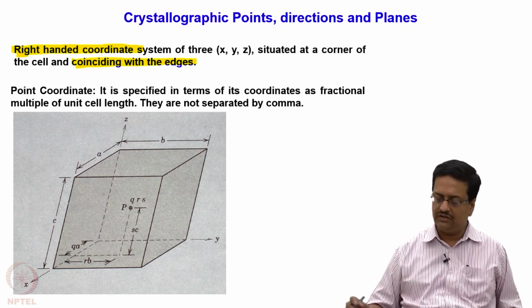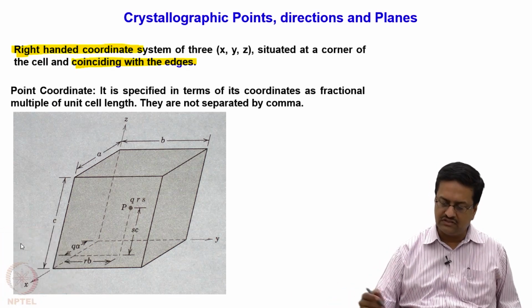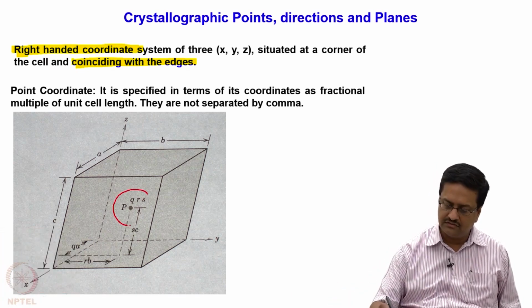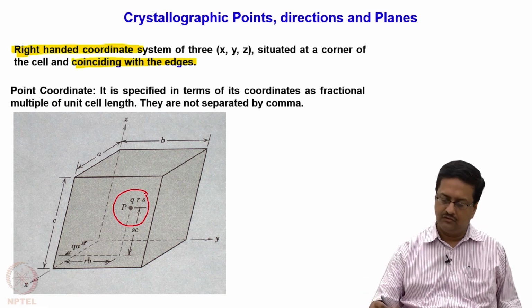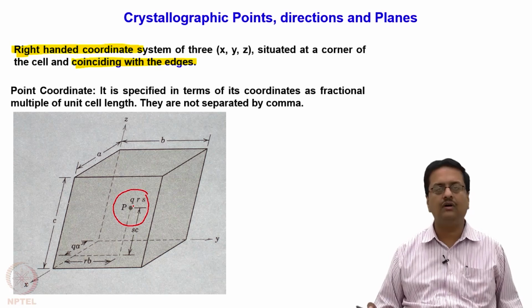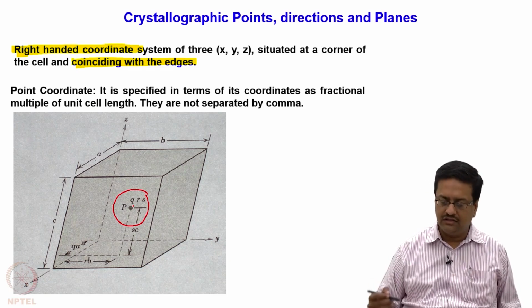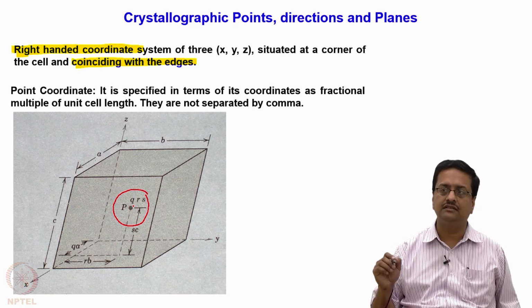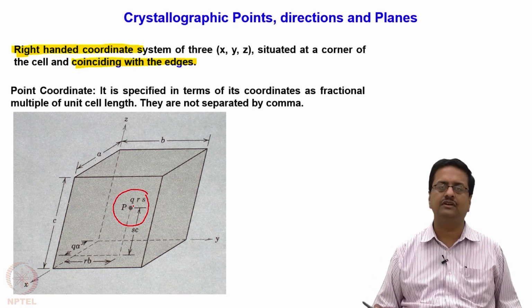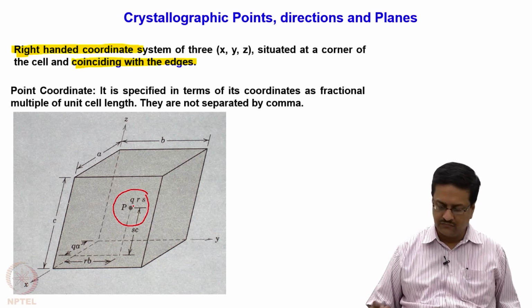So now if we have a point inside a lattice which is designated here as P, then what should be the coordinate QRS of that point P? This point QRS has the coordinates which are the fractional coordinates with respect to the unit cell parameters A, B and C.